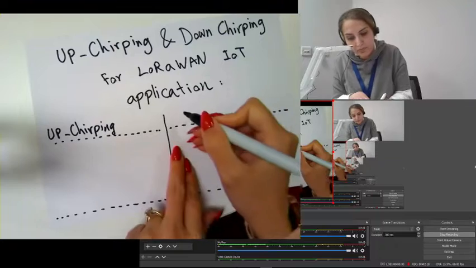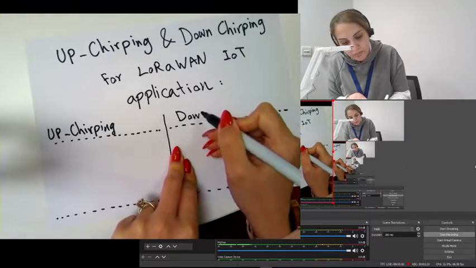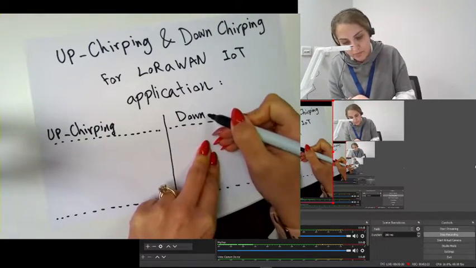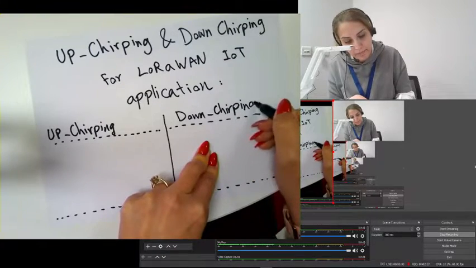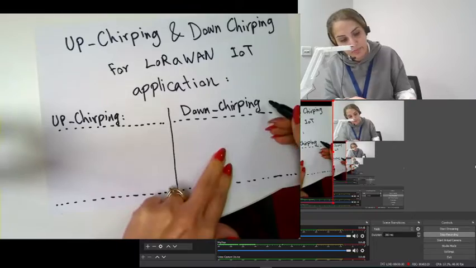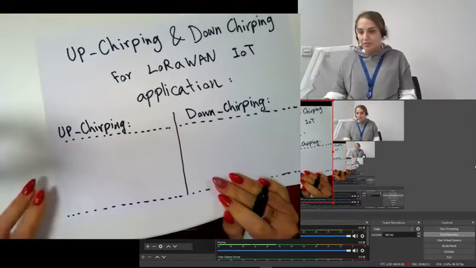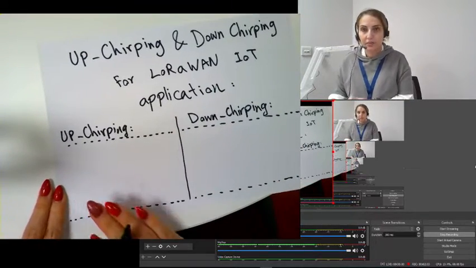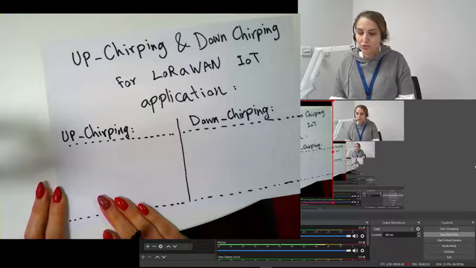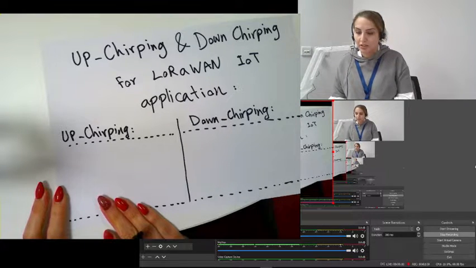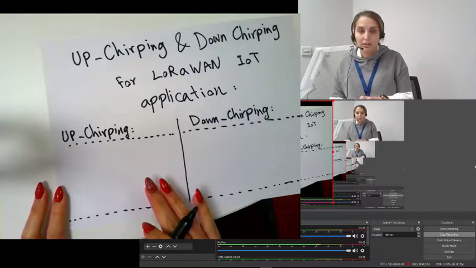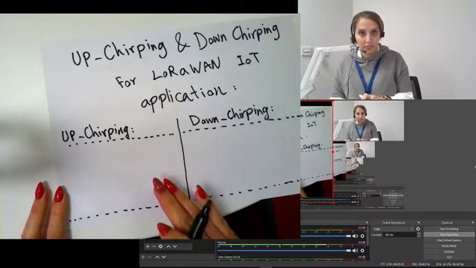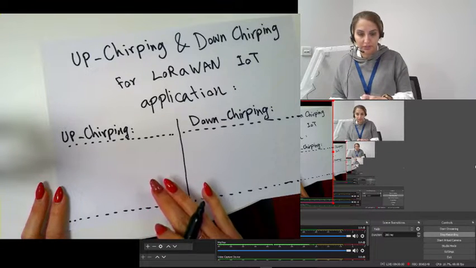Now, here on this side, I'm going to draw a sinusoid that has a very low frequency and gradually moves to a sinusoid that has same amplitude but higher frequency.